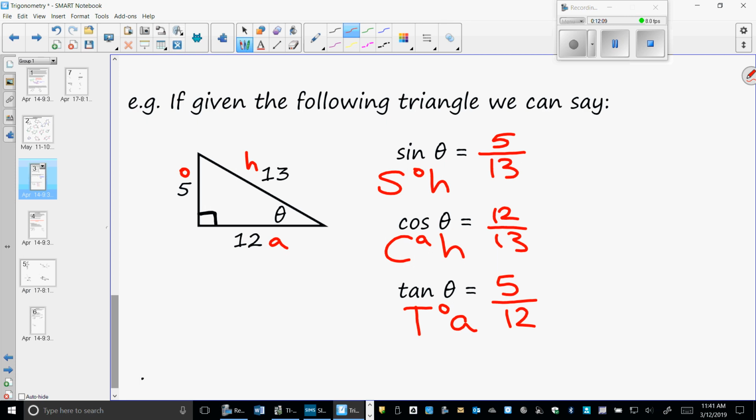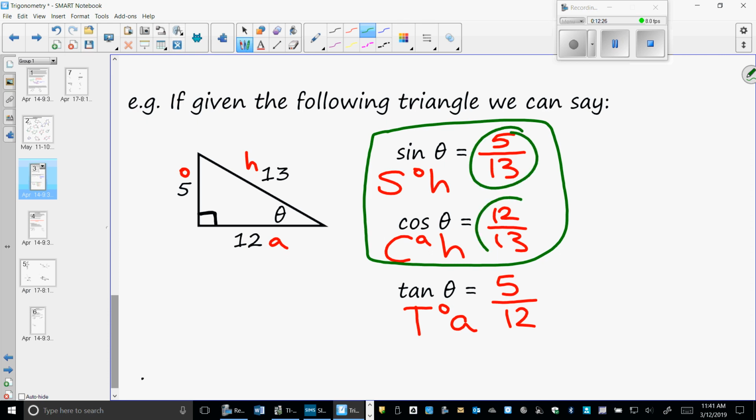Now, as a little additional information for you here, these two are slightly more restricting than the tan. Because for a sine of something and a cos of something, these values here cannot be greater than 1. Okay?